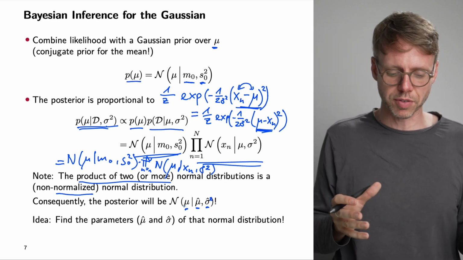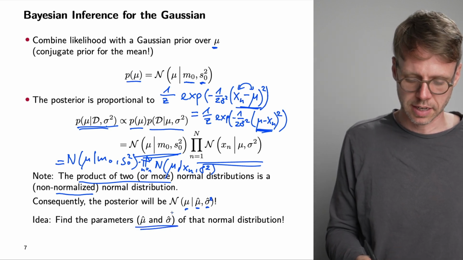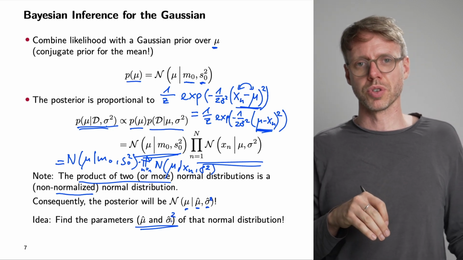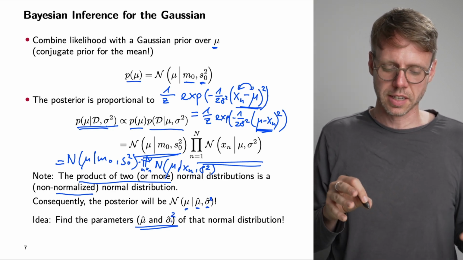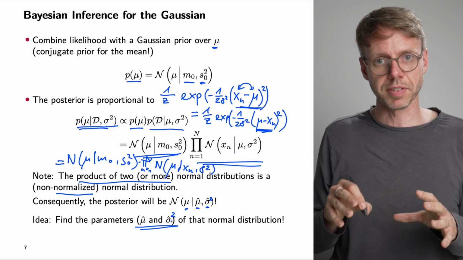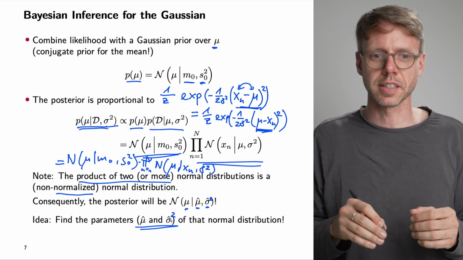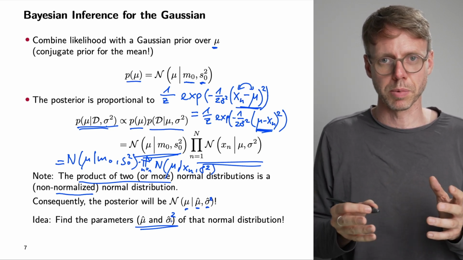So all that we have to do is to find suitable mu and sigma squared values for this normal distribution. Well, sounds complicated, but we will see that it's quite feasible. So let's just get started and write down the likelihood and the prior and see what we get.